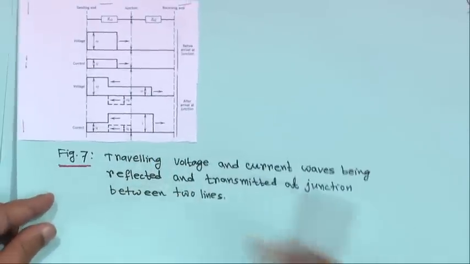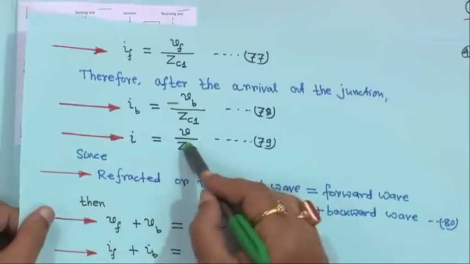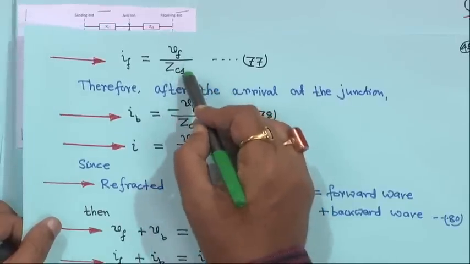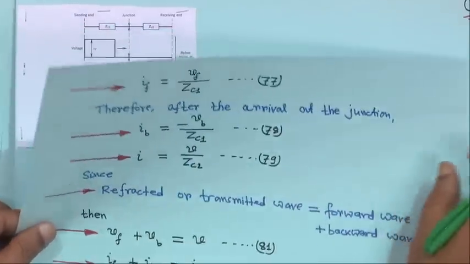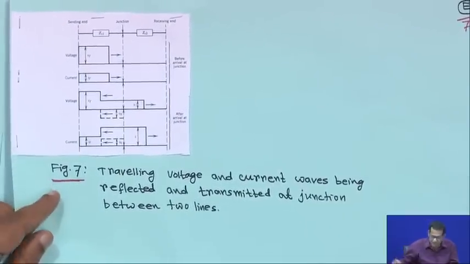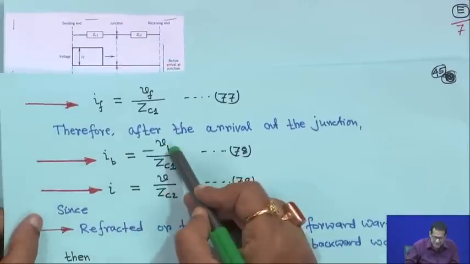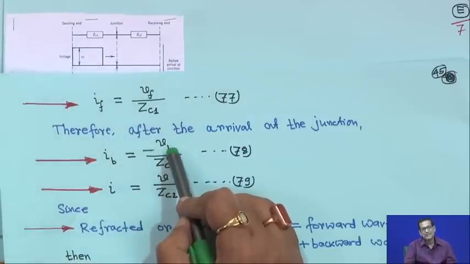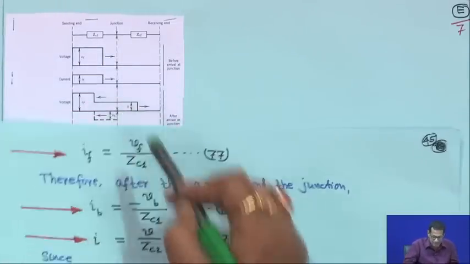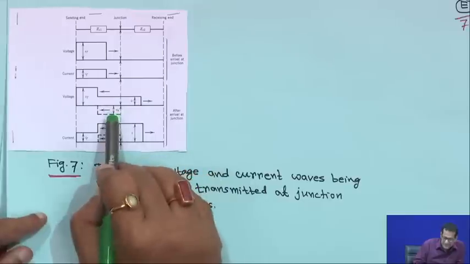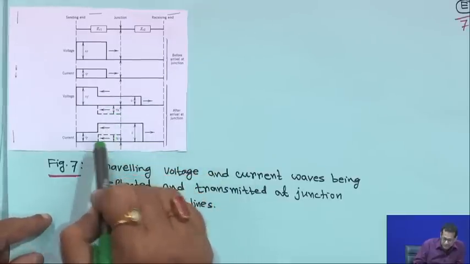For the current case, Ib: Vf is equal to If into Zc1, that is known, and I is equal to V by Zc2. In the case of current, as Vb is negative, Ib will be positive, because if one is negative the other will be positive. So, as Vb is negative and Ib is positive, it is added up.